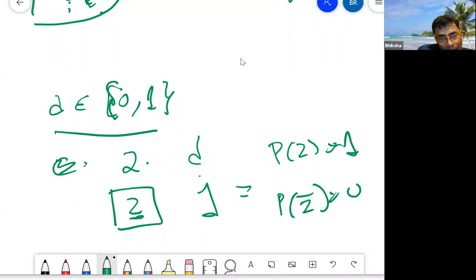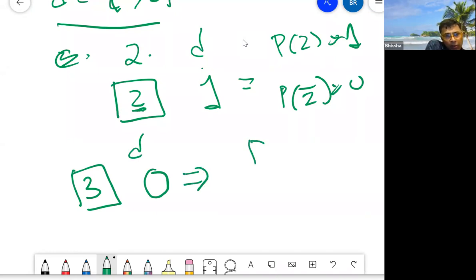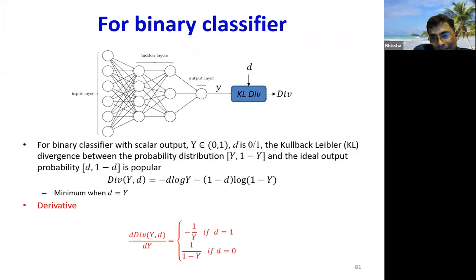Similarly, if somebody gives me a picture of 3, this is not the digit 2, so my D is going to be 0. So this is like saying that the probability of 2 given this picture of 3 is 0, and the probability of not 2 given the same input is 1. So you can literally think of this desired output as a probability, but it's not just any odd probability, it's a probability with certainty. And the actual output of the network is the probability estimated by the network.